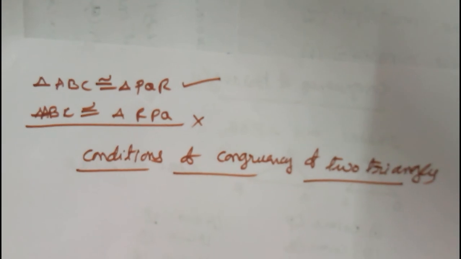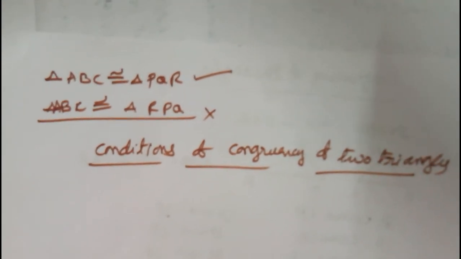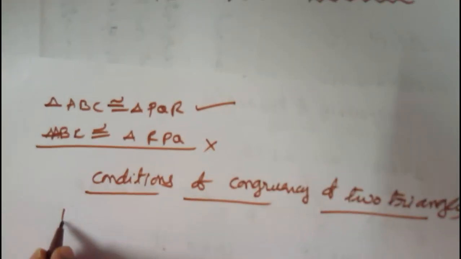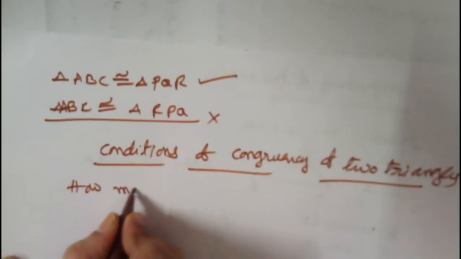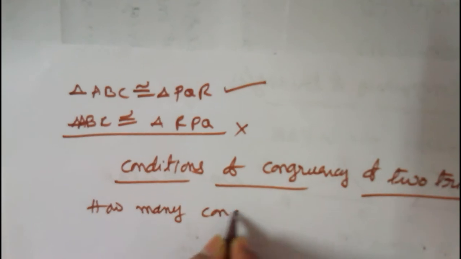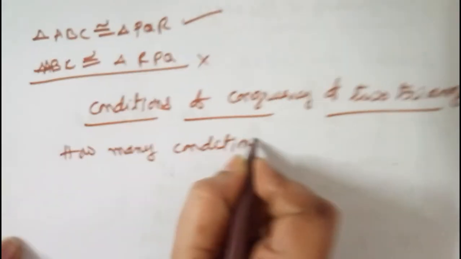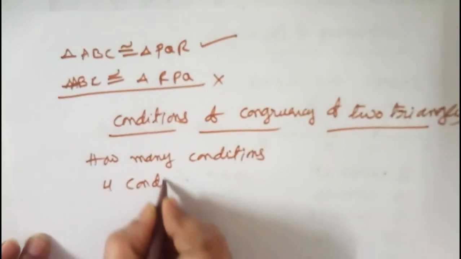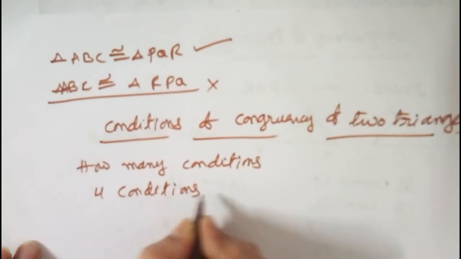You have this chapter in 7th class. So can you tell me how many conditions are there? 4 conditions. Can you tell me those 4 conditions?